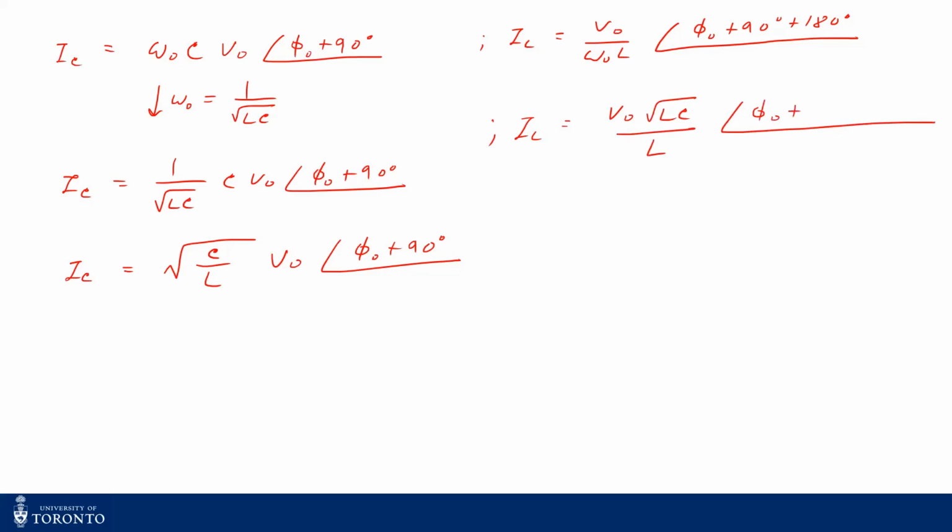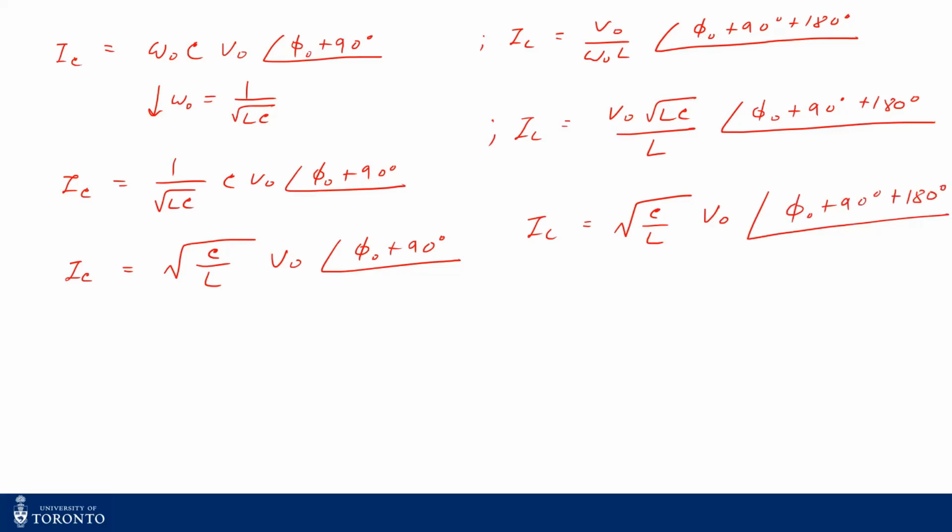With an angle of phi naught plus 90 degrees plus 180 degrees. So you see we get also for the inductor root C by L V naught, phi naught plus 90 degrees plus 180.